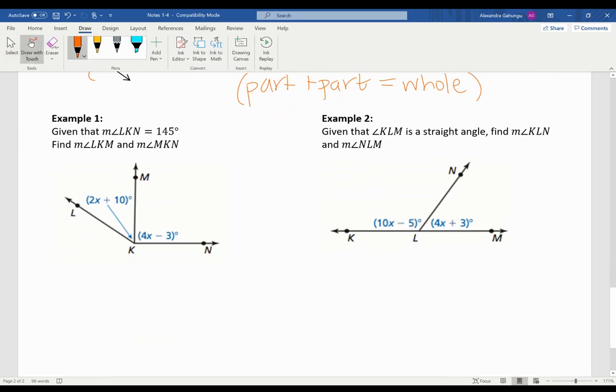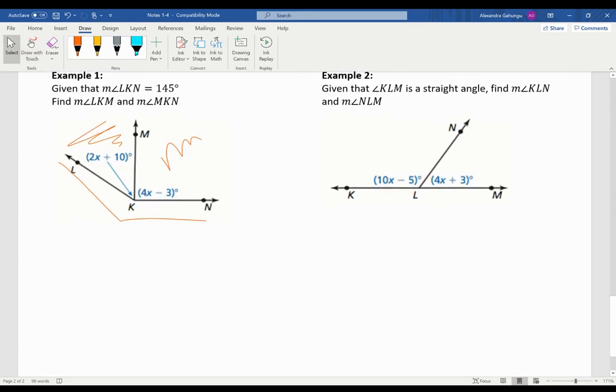So if I'm given the measure of LKN, the big angle, is 145, I need to find the measure of LKM, the little angle, and MKN. What I know is those two angles are the parts of my whole. So the measure of angle LKM, the part, plus the measure of angle MKN is equal to the whole, the big angle, measure of angle LKN.